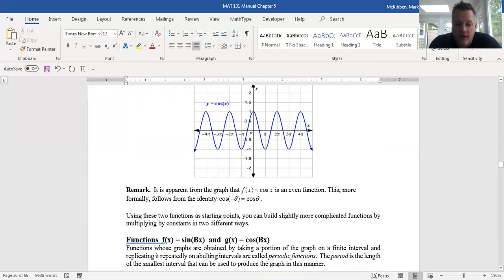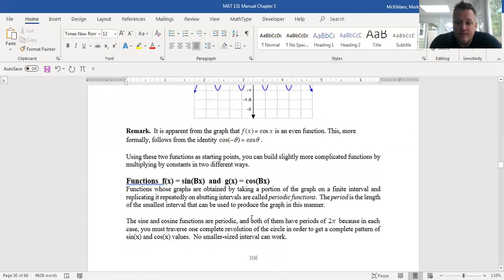And so if I were to multiply the inside by 2, so I took the sine of 2x, as x goes from 0 to 2 pi, so just think about x itself, not 2x, the value of 2 times x goes from 0 to 4 pi, right? And so what the 2 is doing is speeding up how quickly the inputs occur, right?